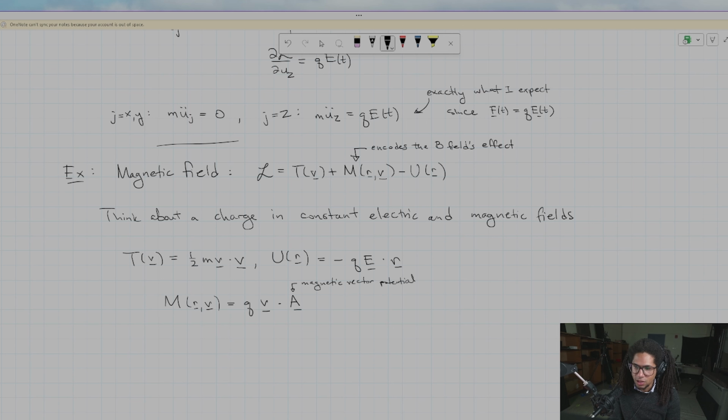Hopefully this is an object that you've encountered somewhere, but if it isn't, that's all right. A is any vector field satisfying B equal to the curl of A. So we have a constant magnetic field. It turns out that there are quite a few different conventions, called gauges, that we could use for A. In other words, many different A's that lead to the same B. For simplicity, let's let B point in the z direction.